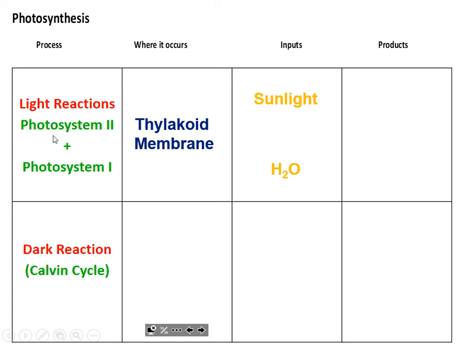What are the products of the light reaction? Okay, can we read our diagram? What's one product? Sydney, what do you think? Oxygen is one product. Now, these next two are a little bit tougher. What else is coming out of the light reaction there?